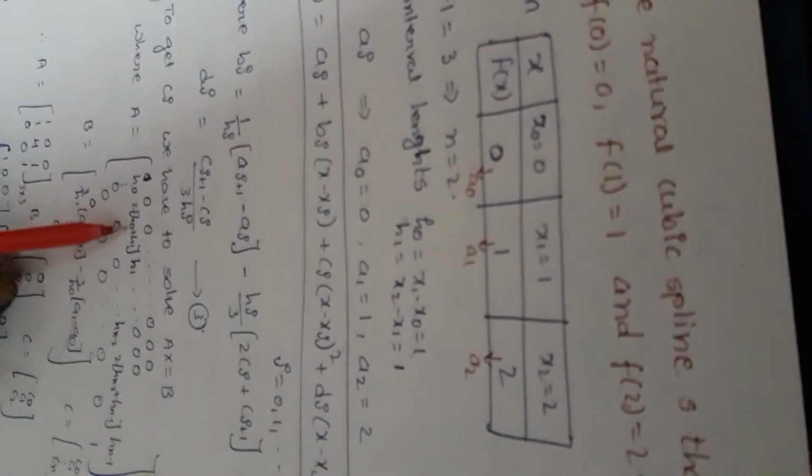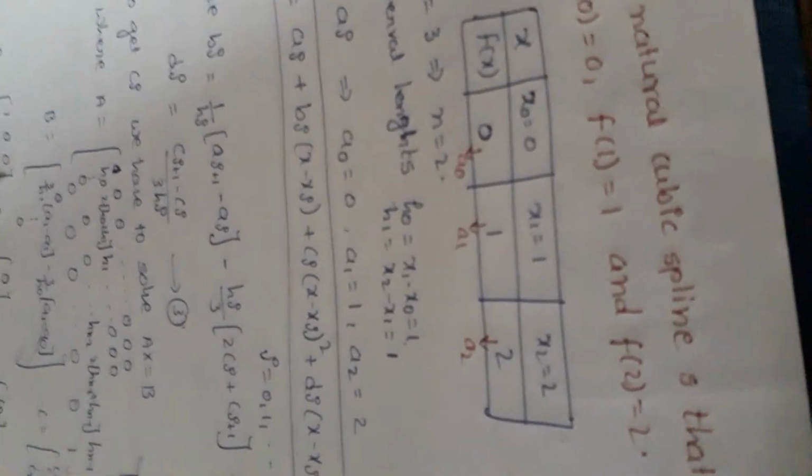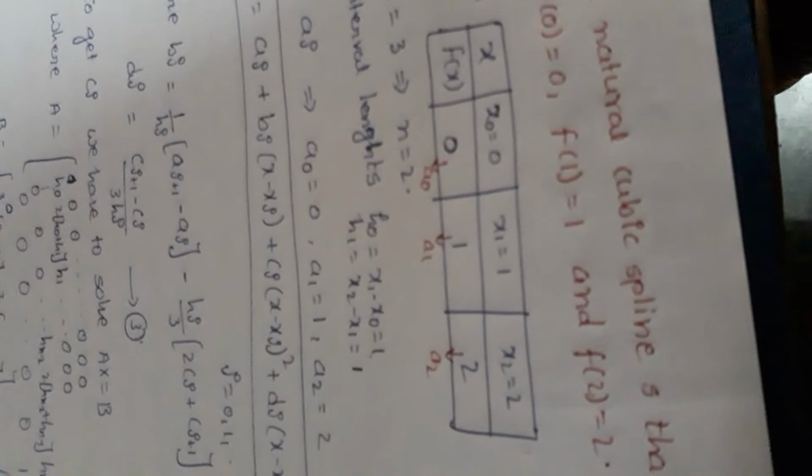H0 is equal to 1. 2 into H0 plus H1: H0 is 1, H1 is 1, 1 plus 1 is 2, 2 into 2 is 4. Next value H1, H1 is 1. Now the last row 0, 0, 1. We get only this according to the given data. Now come to B.